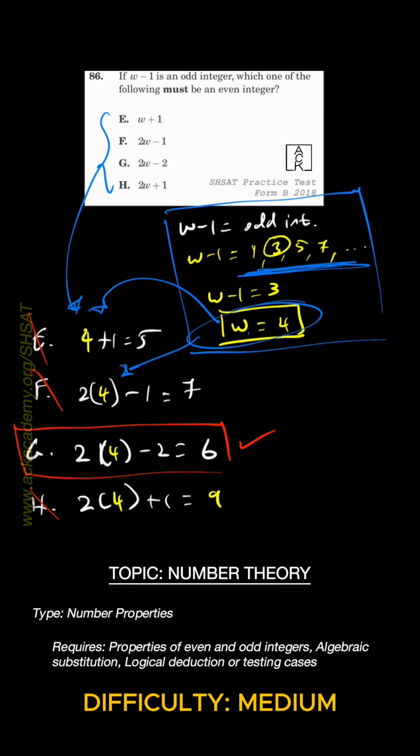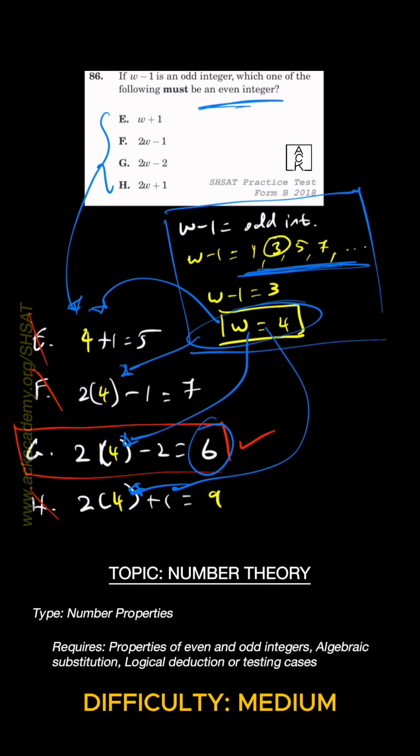Then we see when we plug in the value, which one results in an even integer, which of the following must be even, right? So this has to be even.